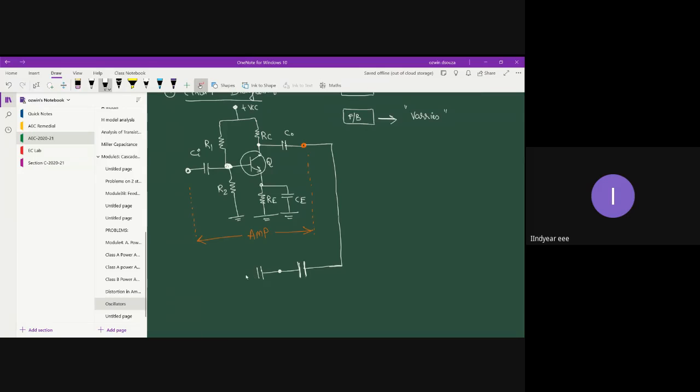A capacitor, a second capacitor and a third capacitor. The output of the feedback network is connected to the input terminal of the amplifier.